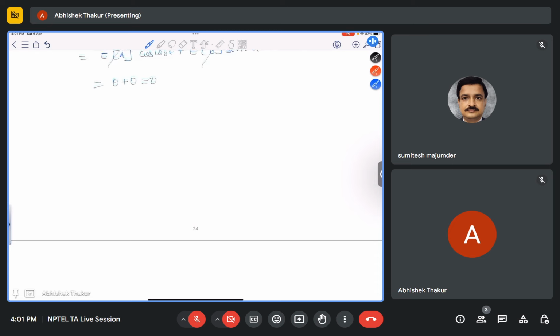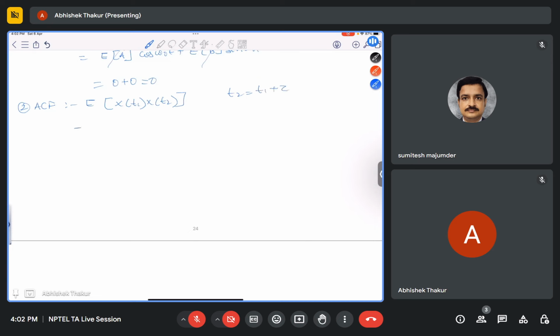Now we'll find the autocorrelation function. If the autocorrelation function is independent of time, then it is a WSS signal. So E of x(t₁) into x(t₂). Here t₂ is equal to t₁ + τ.